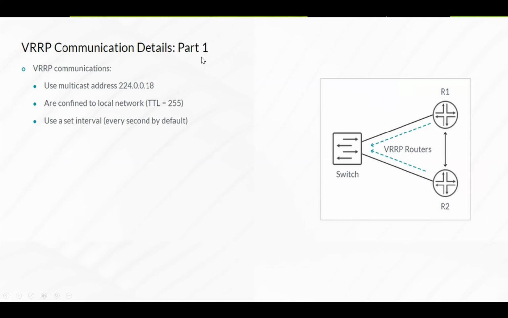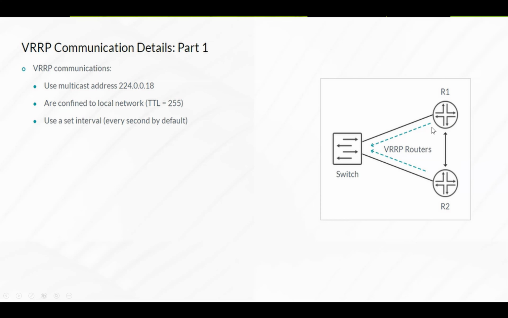VRRP communication details, part 1. Basically, VRRP communicates through a multicast address. Here we see two routers. You can consider more than two, but one will be the master and another will be the backup.